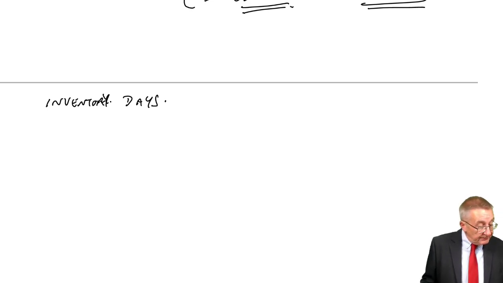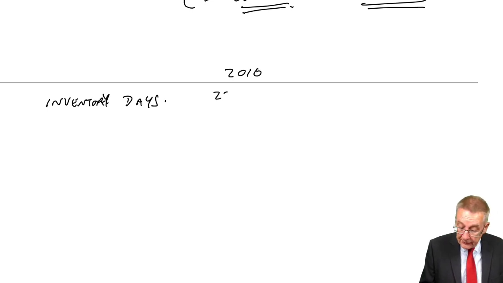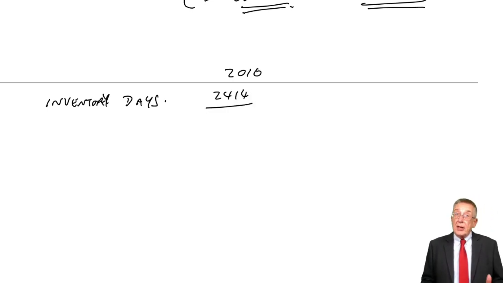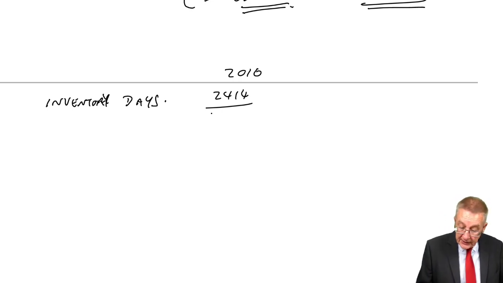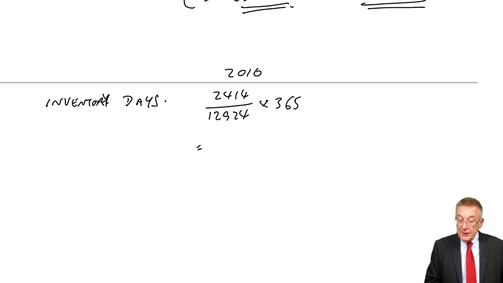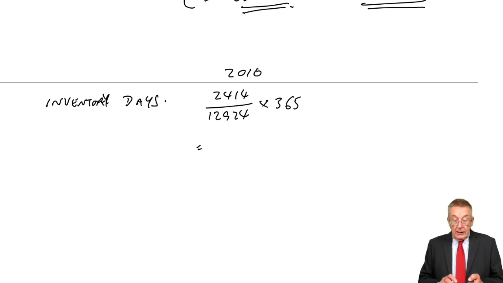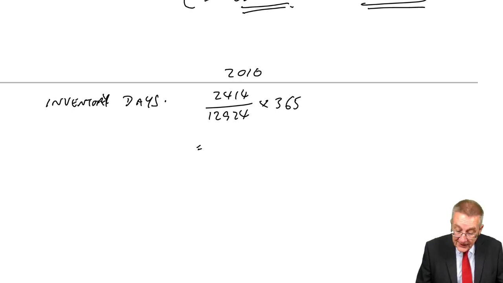We take the inventory, which in 2010 is 2414, divided by the cost of sales. Remember, inventory is valued at cost. So cost of sales 12,924. Again, times 365. 2414 divided by 12,924 times 365 gives me 68 days.